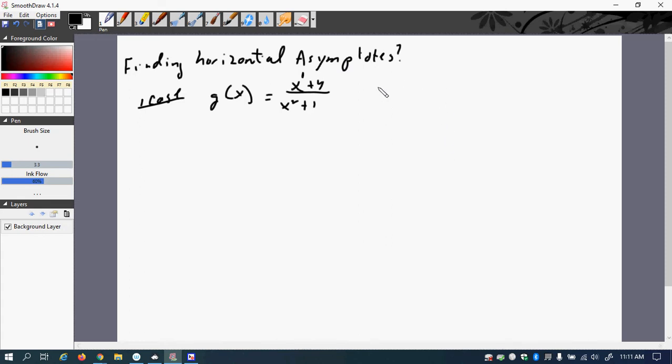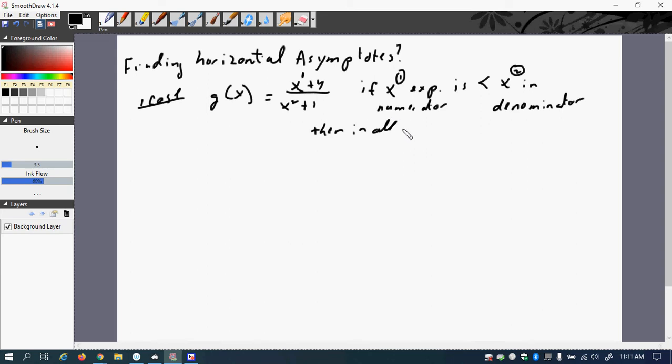So basically, if the exponent in the numerator is less than the exponent in the denominator, in this case a 2, then in all situations y will equal 0.